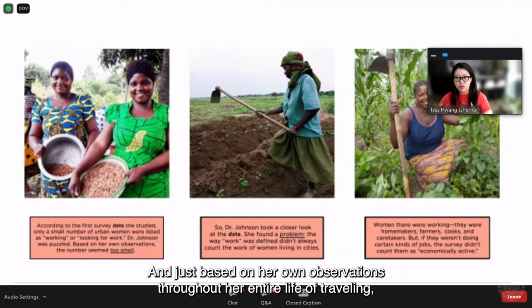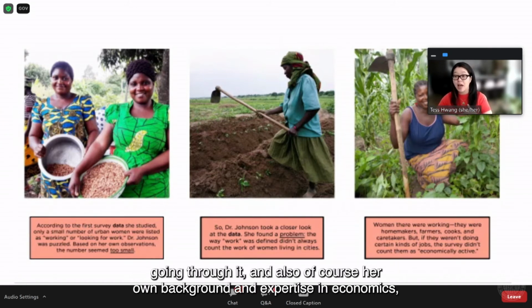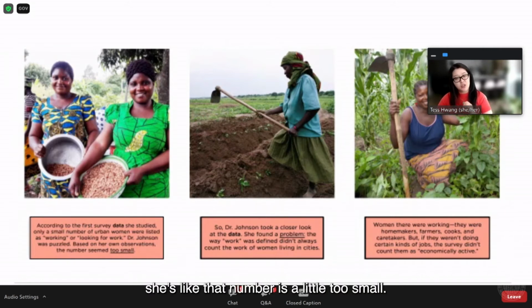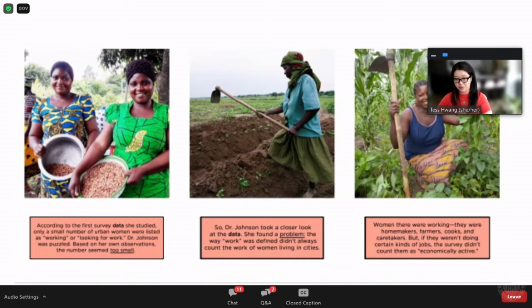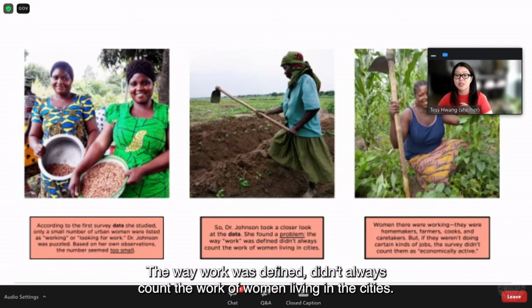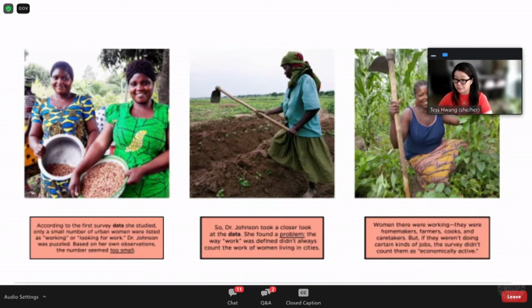And just based on her own observations throughout her entire life of traveling, and also, of course, her own background and expertise in economics, she's like, that number was a little too small. Why is that? And so she evaluated what the data that she has, and she found a problem. The way work was defined didn't always count the work of women living in the cities.